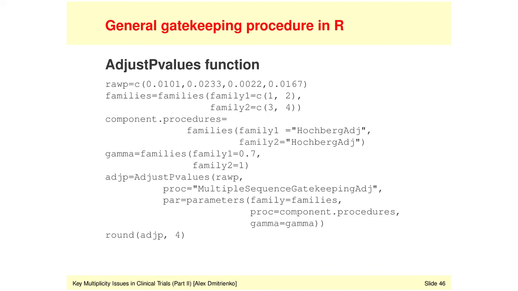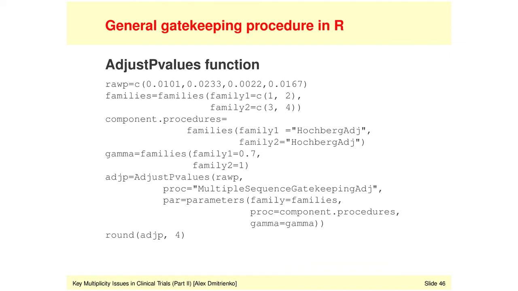In example 3, I'm going to carefully walk you through this code. The first line of the code defines the set of raw or univariate p-values corresponding to the 4 null hypotheses of interest. The next construct here defines the set of families in this multiplicity problem.